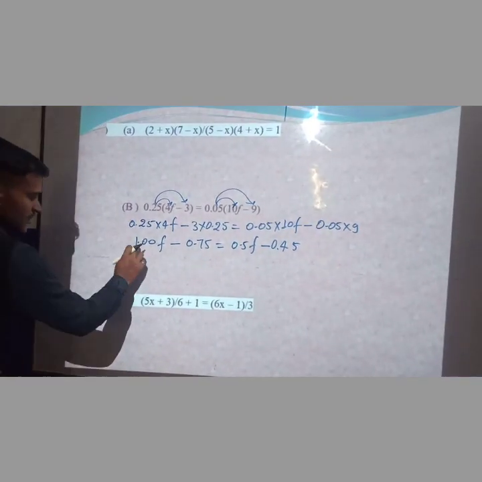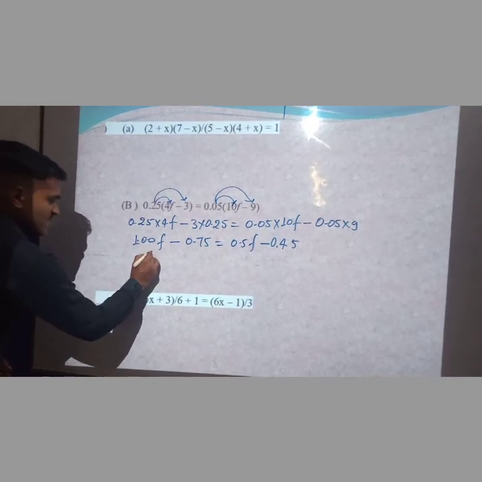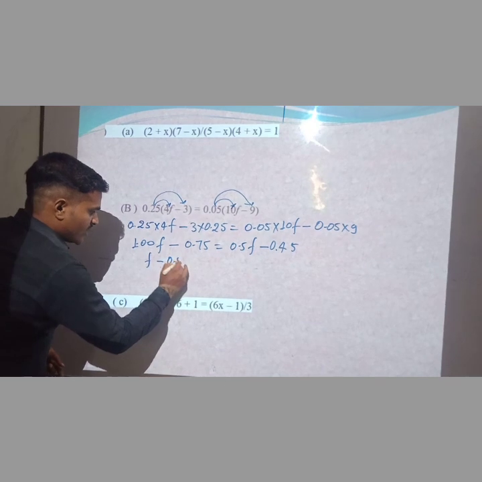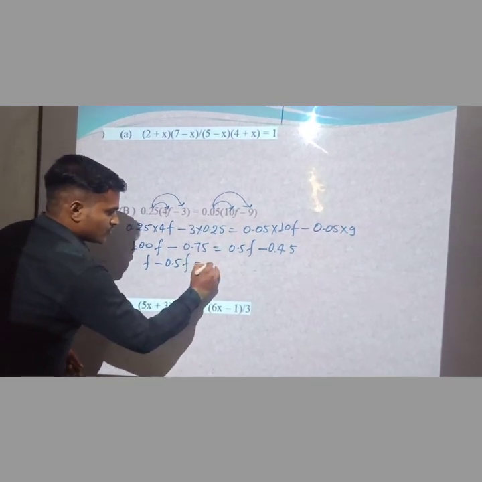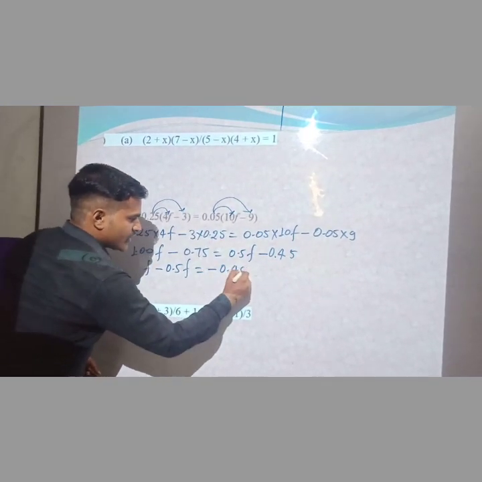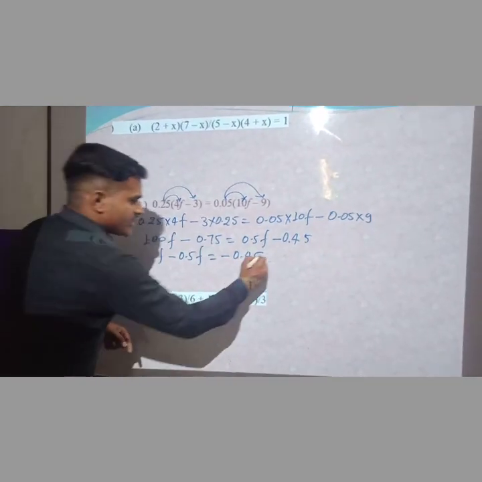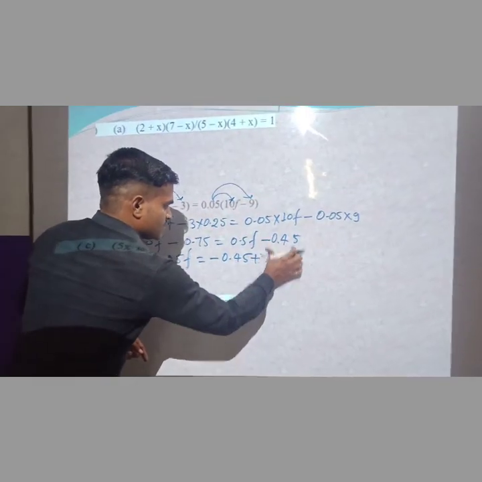Now 1.00f minus, transposing 0.5f, is equal to minus 0.45, and transposing 0.75 from left to right it became plus 0.75.